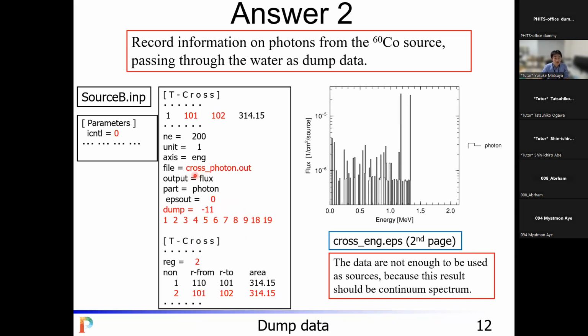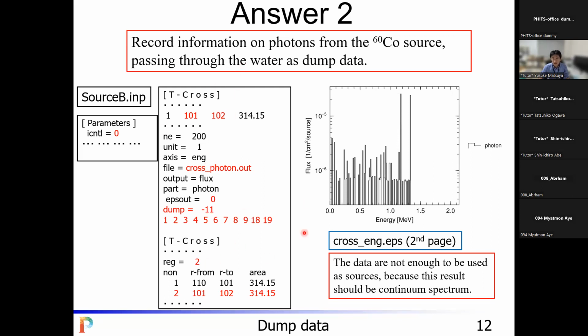So here is an answer of exercise number 2. Seeing these steps, it's a little bit difficult, even in the case of the developer. So in this exercise, we will record information on photons from the cobalt-60 source passing through the water as dump data.